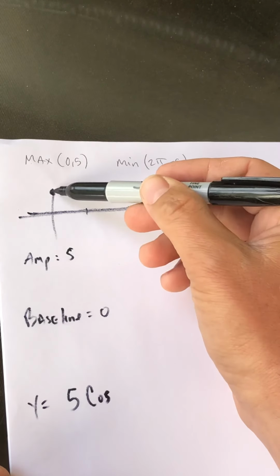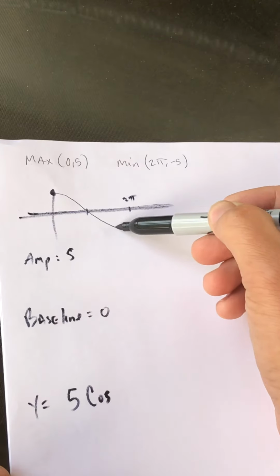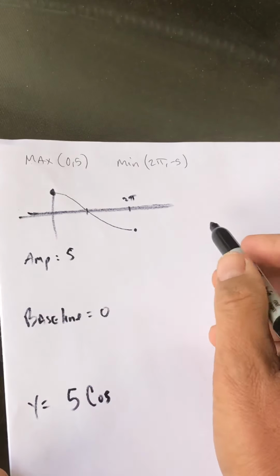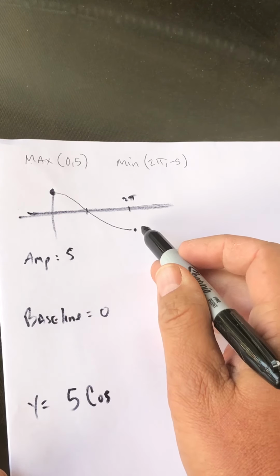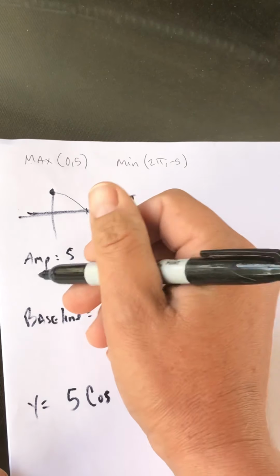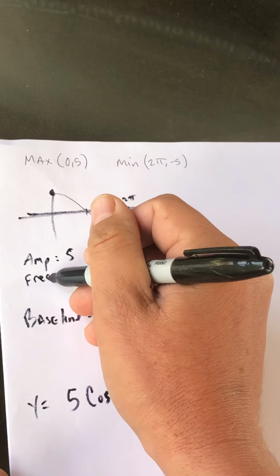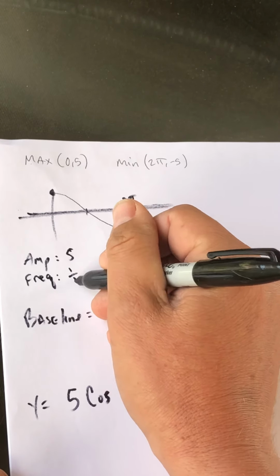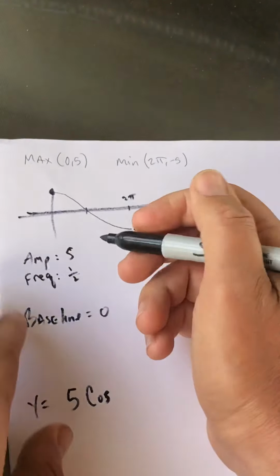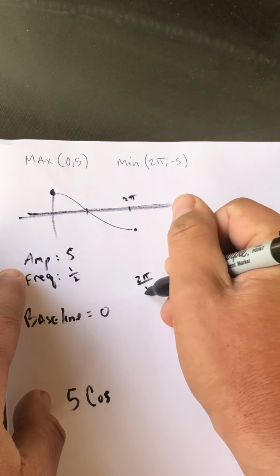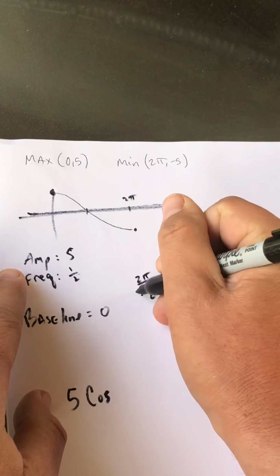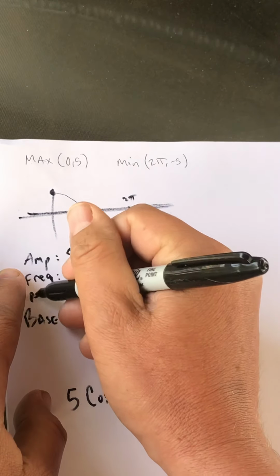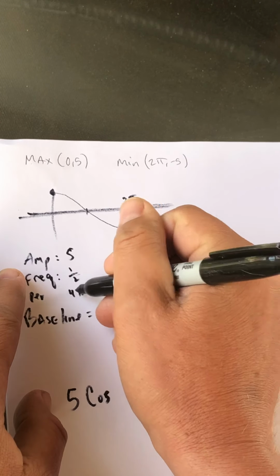Okay, so I know my graph is going to look like this. How much of the graph do I see? I see half of it in 360. Remember, your frequency is how much of the graph you see in 360. So I know my frequency is a half. I can go 2 pi divided by 1/2, times 2, which gives me my period of 4 pi.